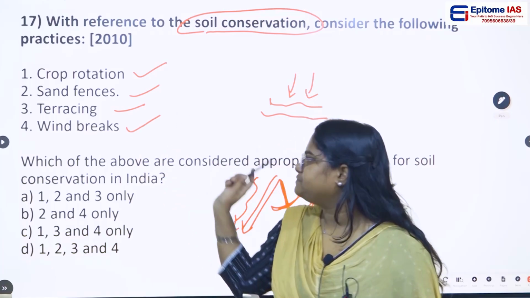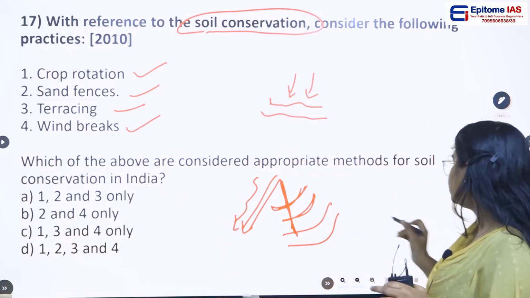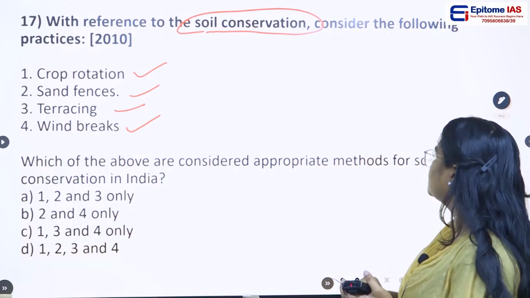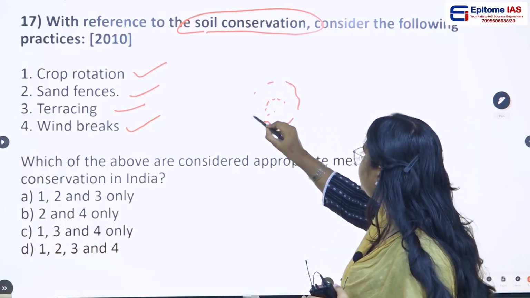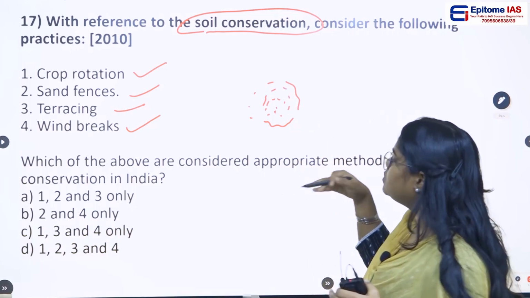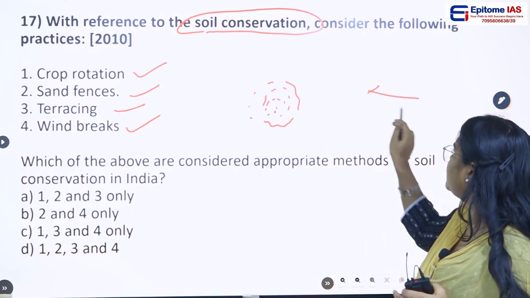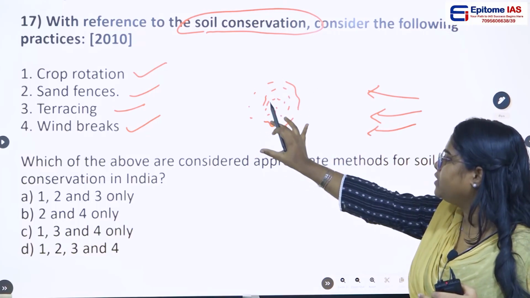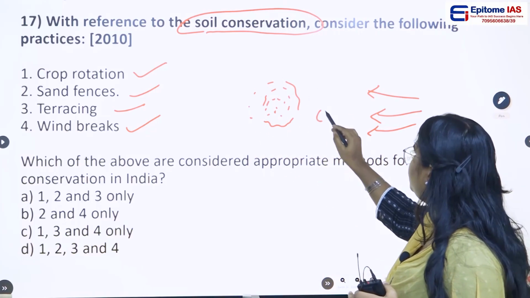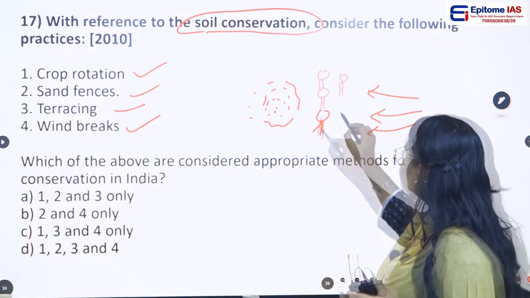Then wind breaks. Let's say there are some crops in this particular area. Now these winds are blowing very fast, and it is impacting the growth of the crop. Now what we will do? We will plant some of the trees here.